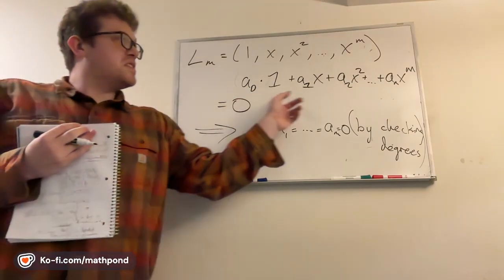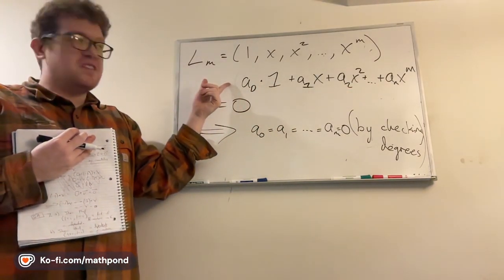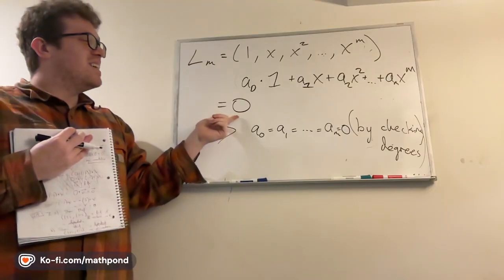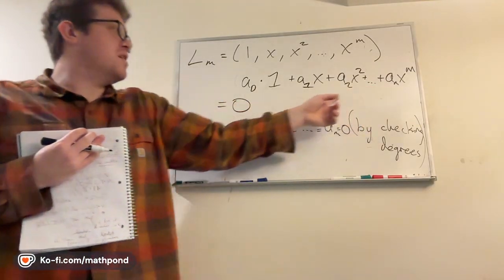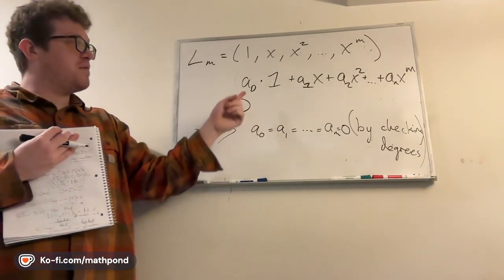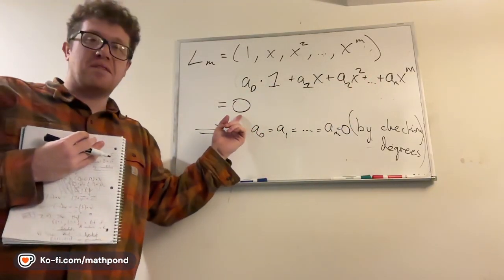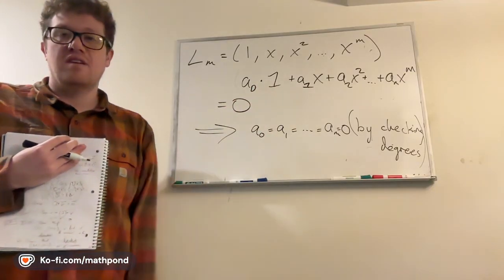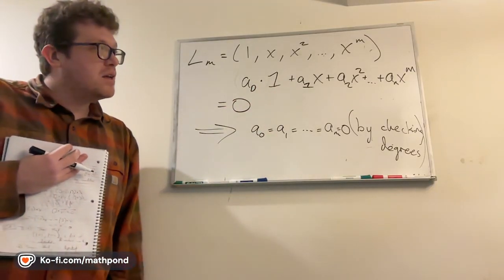If any of these is non-zero, we just have some non-trivial polynomial that's not 0. So just look at all the monomials and check the degree of all of them. The 0 polynomial has no monomials. If I have anything here non-zero, then the degree is not negative infinity; it's whatever the highest non-zero coefficient is. So that's one way to think about it.